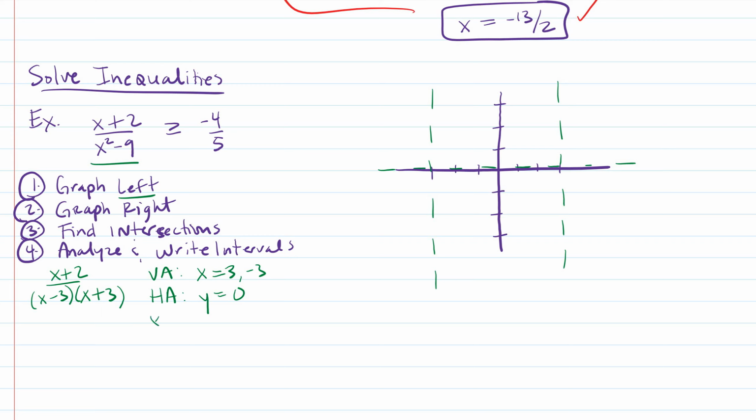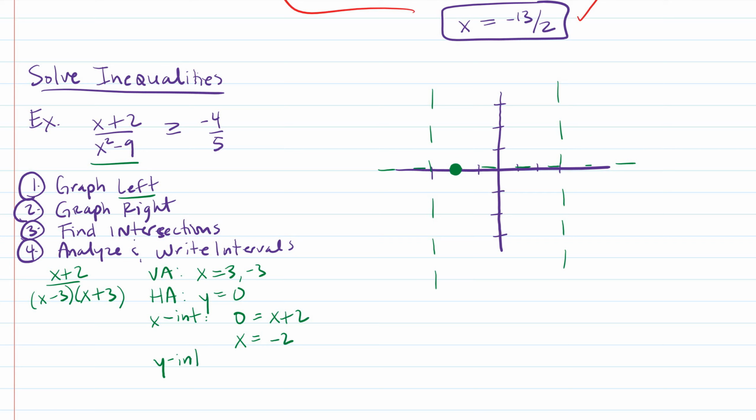Then to graph this, let's find the x-intercept. So we'll let y be 0, so 0 equals x plus 2, and x is equal to negative 2. So we have a point right there at negative 2.